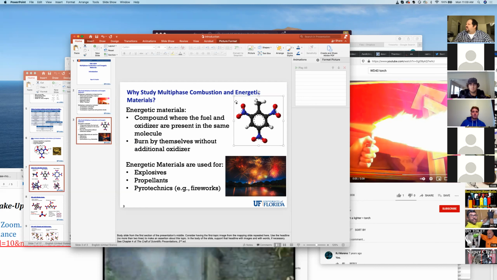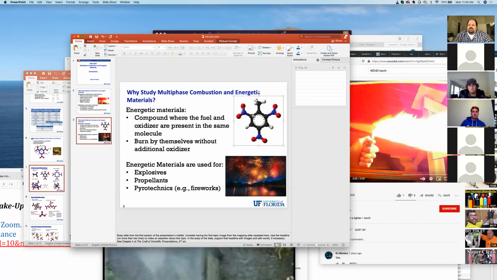Now the oxidizer molecule and the fuel molecule are separate things, and you can get the oxygen atoms in contact with the fuel atoms, and then they will burn. And an amazing thing about these is that they will burn by themselves with no oxidizer. Okay, so they do not need oxidizer. Now, to burn completely, they may need additional oxidizer, but they will still burn by themselves.